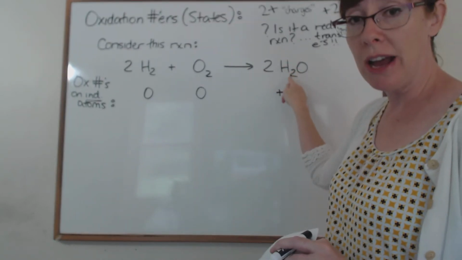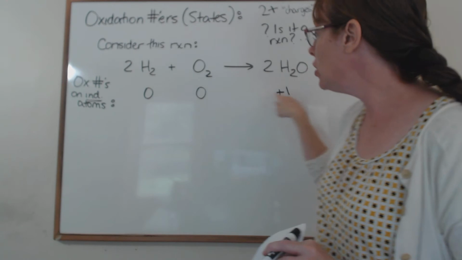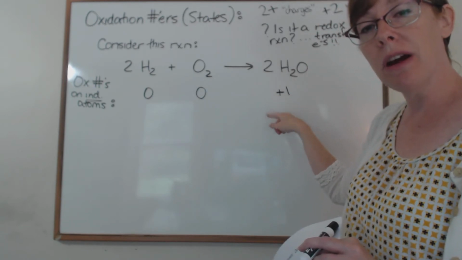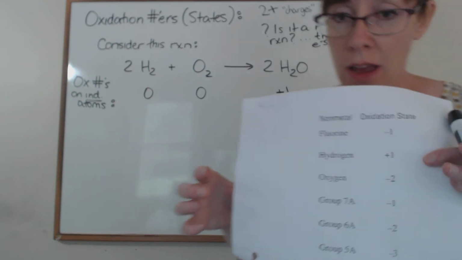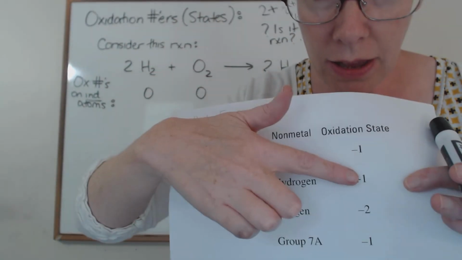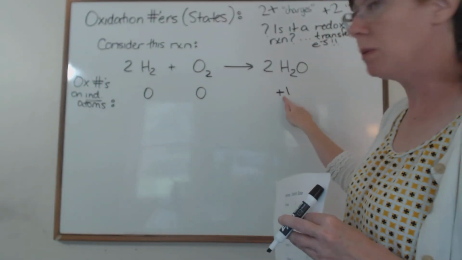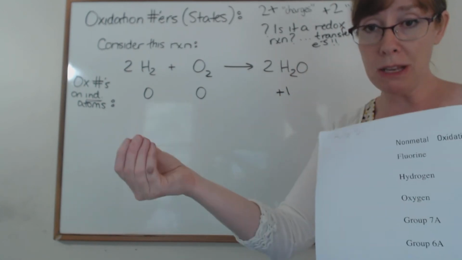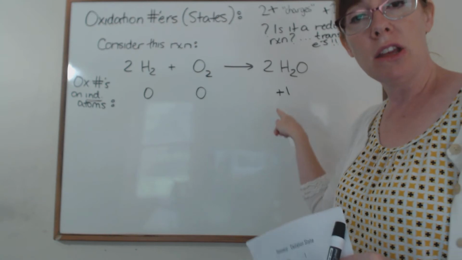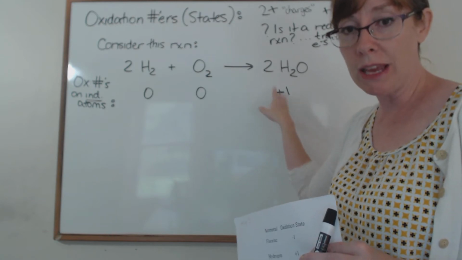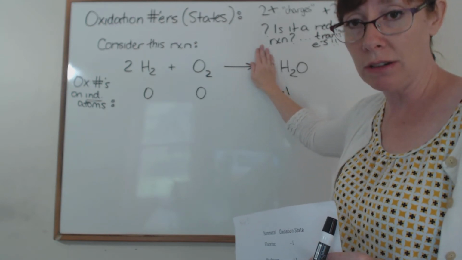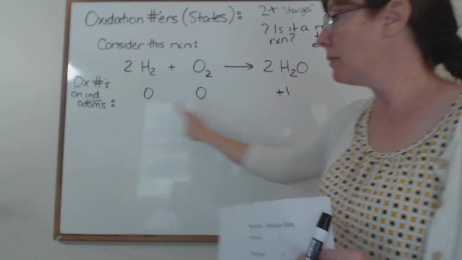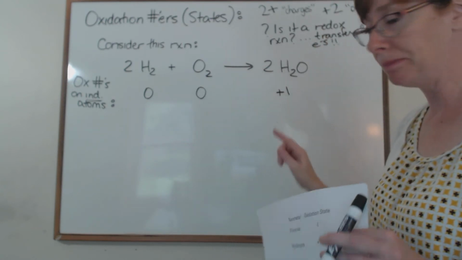Yes, there are 2 hydrogens, but the number that you record right here is the number on the individual hydrogen. You always just record it as +1. Hydrogen is always +1. Yes, there are 2 hydrogens. We know that. They both have a +1. But you don't write +2. That's an important thing. And you certainly don't do anything with the coefficient. Okay, you just record what is the oxidation number on that individual hydrogen, +1.